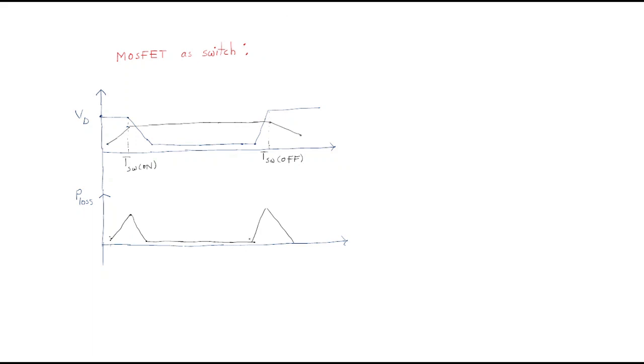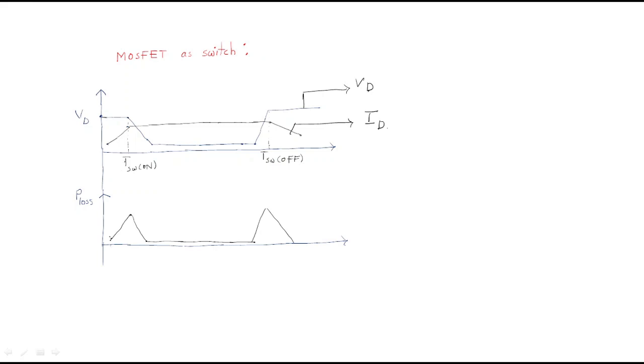Next, whenever the MOSFET is acting as a switch, we should discuss the drain voltage as well as the loss across the MOSFET. This diagram shows the drain voltage waveform, and this waveform shows the output current, which is nothing but the drain current.